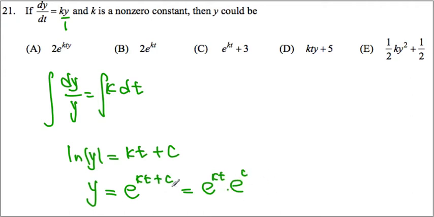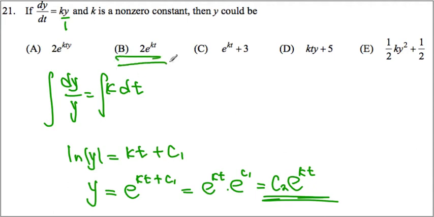Notice that when two numbers are adding in an exponent, those two numbers are actually multiplying. But since I don't know what c is, e to the c becomes another constant. If I call this one c1, then this can be c2, as an example, times e to the kt. So that is what we are looking for. Anything that has this concept seems to be choice B. B becomes our answer.